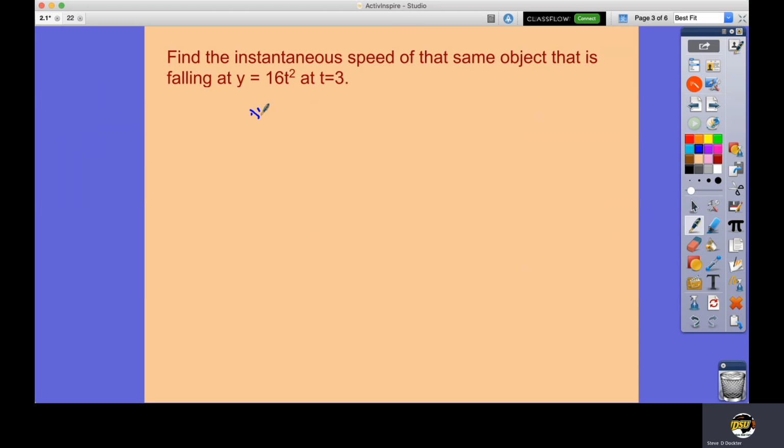So, 16 times 3 squared equals, what'd you say? 144. 144. And then it's still the same thing here. It's feet per second. Okay.